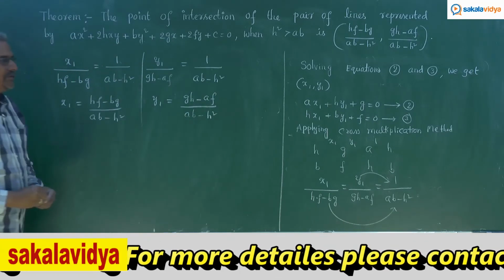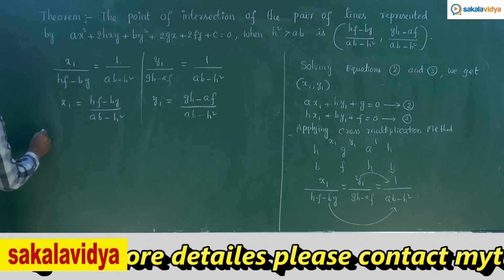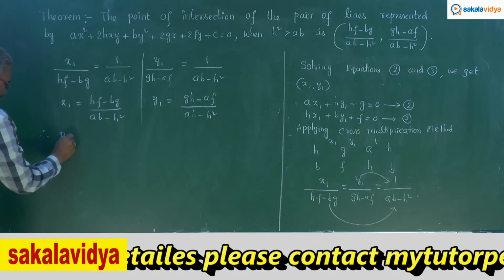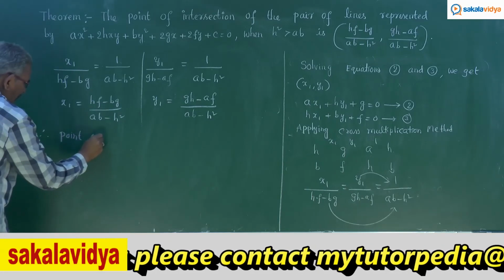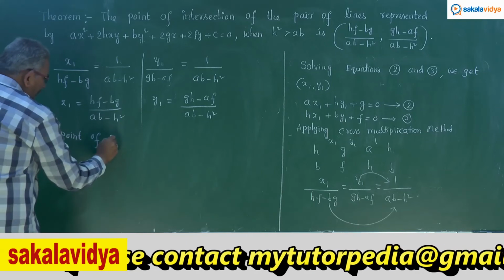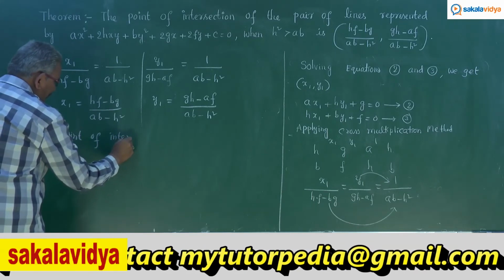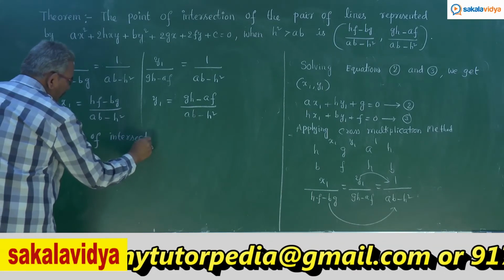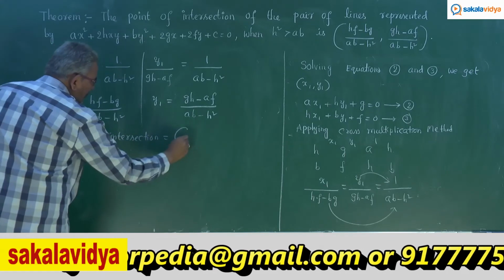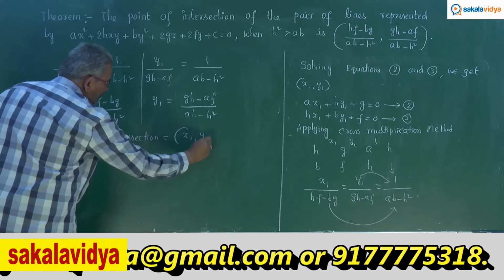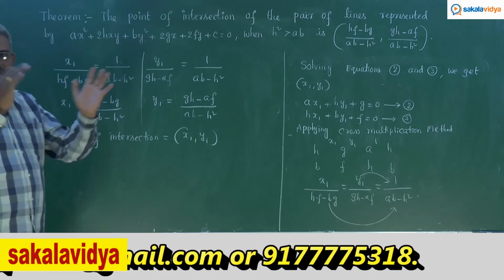So now therefore point of intersection equals to x1 comma y1. So let us write it as an ordered pair.